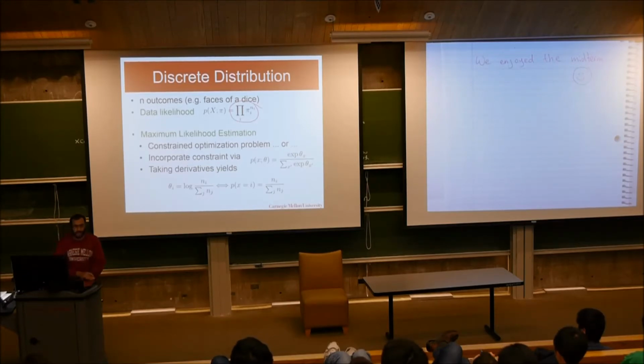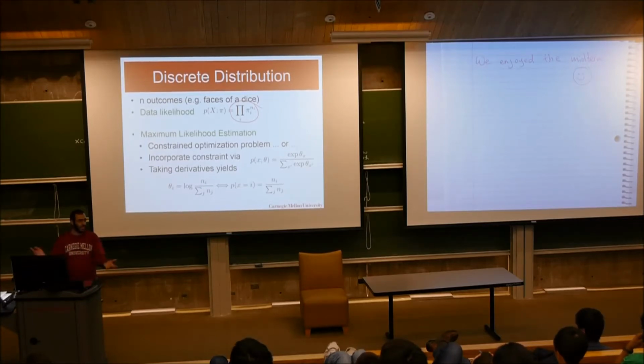Once you do that and take the derivatives, you can find easily that theta_i is the log of the number of times you see the ith face divided by the total number of throws. And that means pi_i is just the number of times you see the ith face divided by the total number of throws.